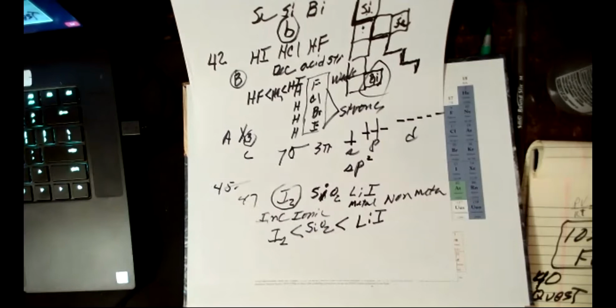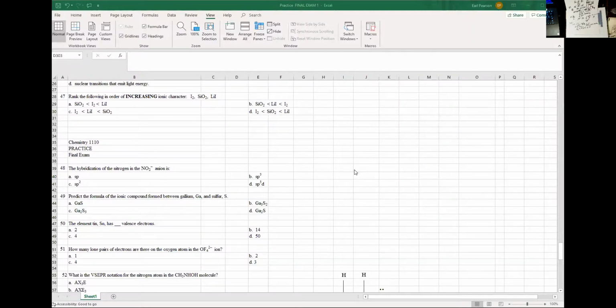Okay, so that should be the answer at number 47, and iodine is the least. So you see the first answer we did would have eliminated A and B. And lithium iodide being the most makes it D. So this answer 47 is D.